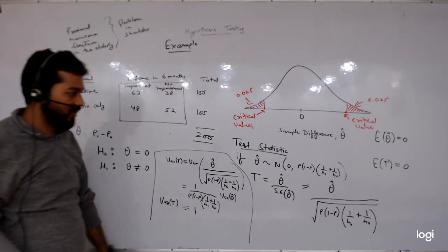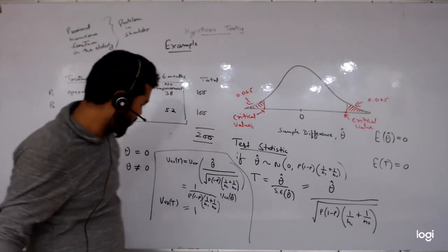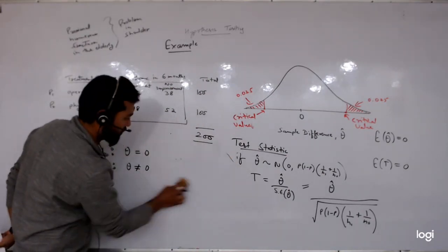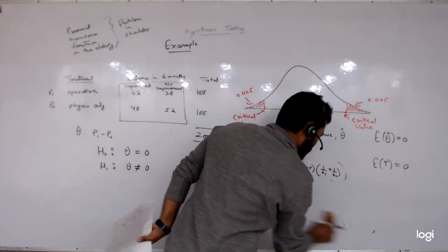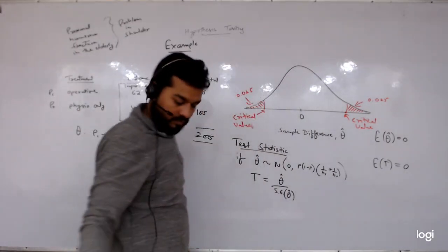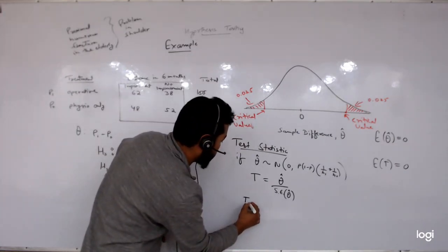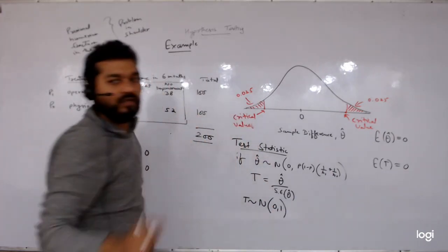Okay, so we can say now that our test statistic, defined as this, follows a normal distribution with parameters 0 and 1.